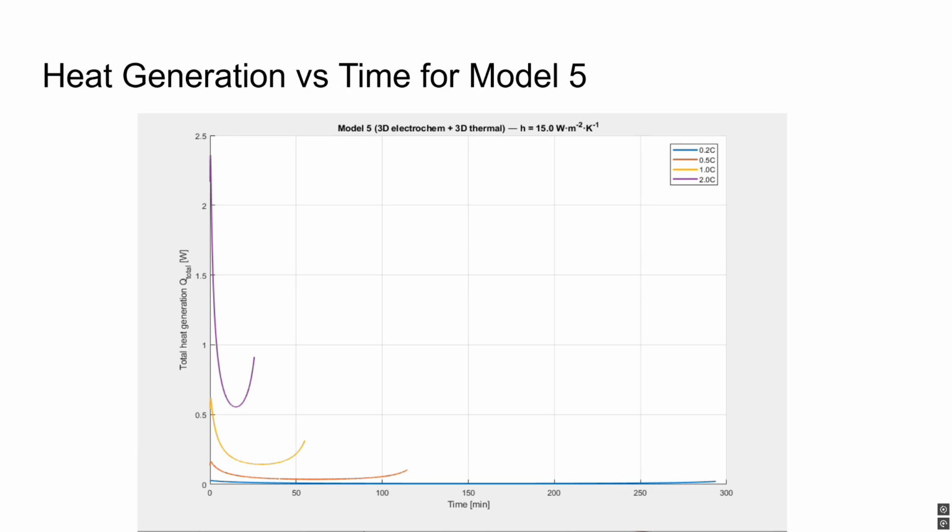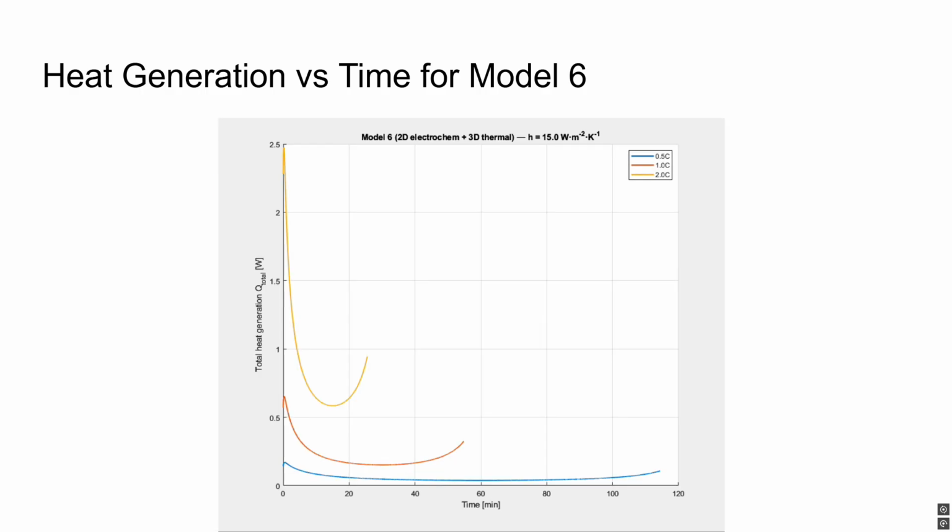And these are the trend lines I got for Model 5. And then the next slide would be for Model 6. And the overlays include the different discharge rates for each model.